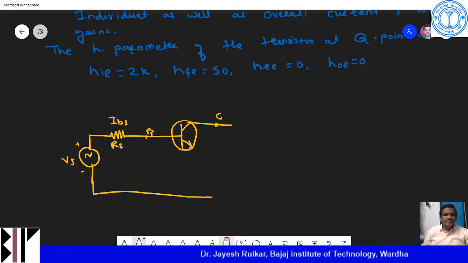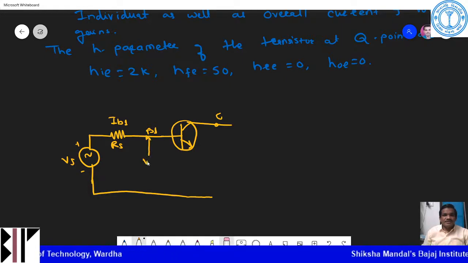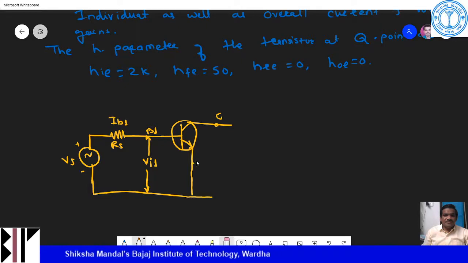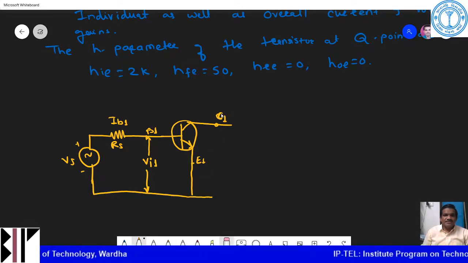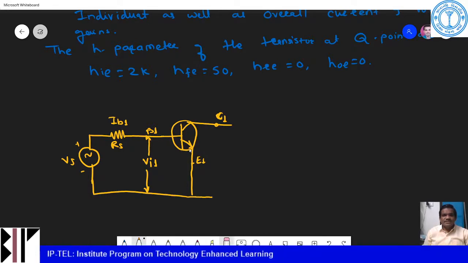This is my B1, base 1, because I have two stages. The voltage across this is my input Vi1, and then this is my emitter E1, and this is C1. So this is base B1, this is collector terminal C1, and this emitter terminal is E1. This is the first stage.